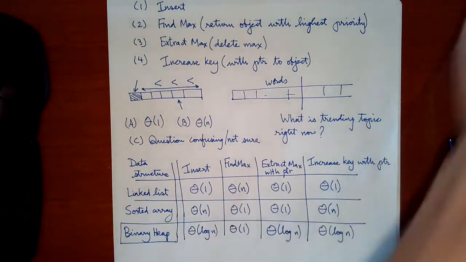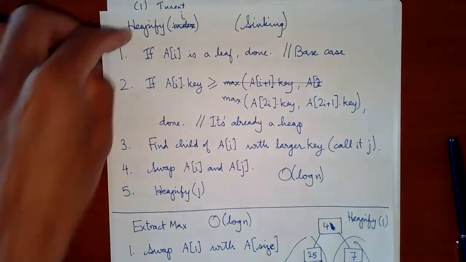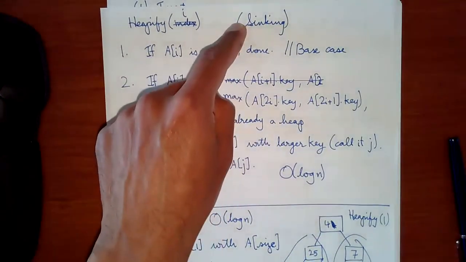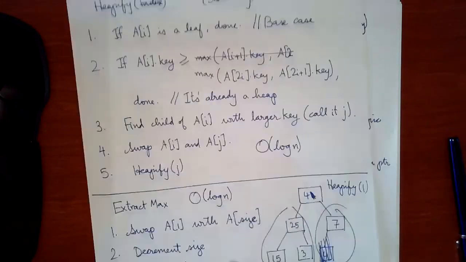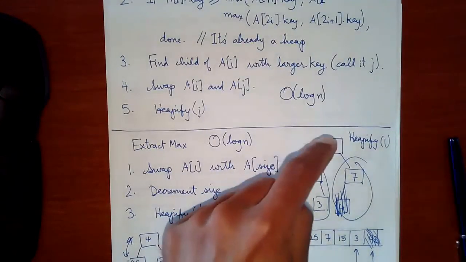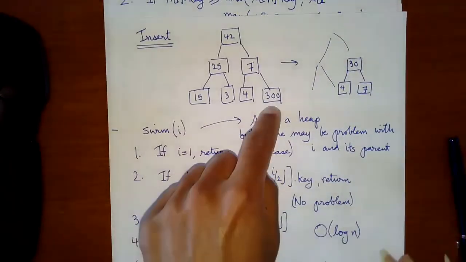The key is that one can think of it as sinking and swimming. One procedure is called Heapify, which does the sinking, and the sinking fixes the problem at the root. Whenever you extract max, you have a problem at the root. Heapify fixes that. When you do an insert, you have a problem at a leaf.